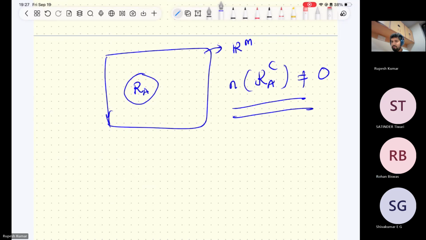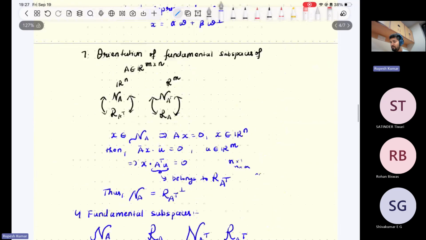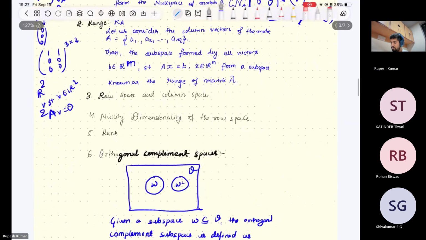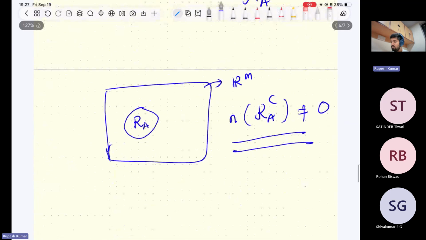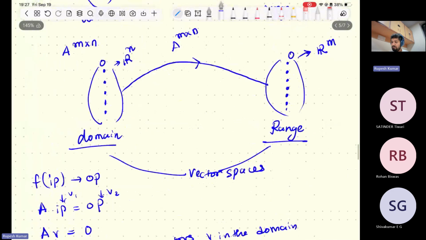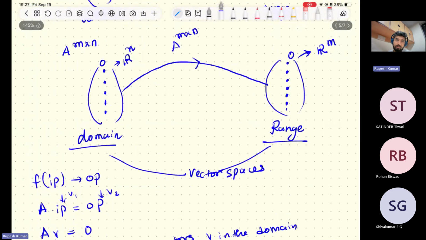So that's why we define the range space of A. You take all the possible vectors from the input space, from the domain, get the possible output vectors, take their span, and that will form a subset of the space Rm.